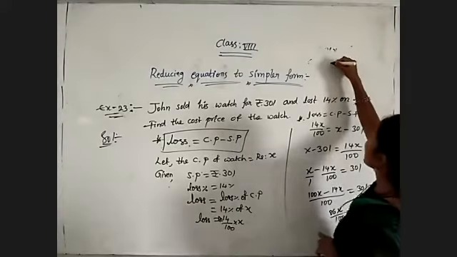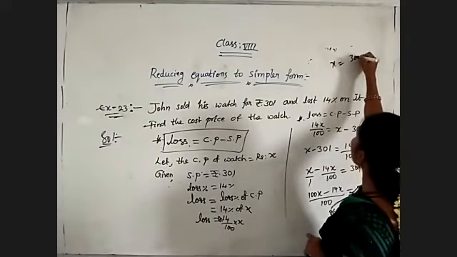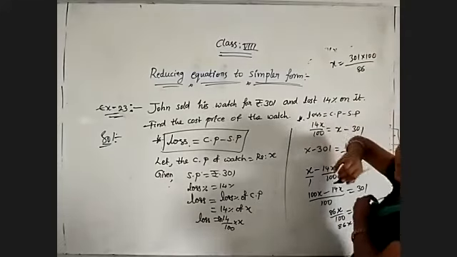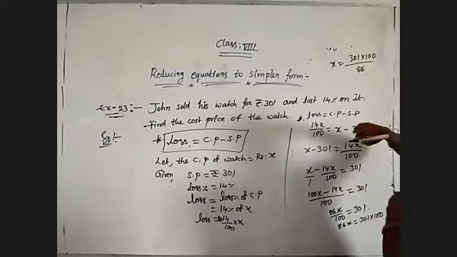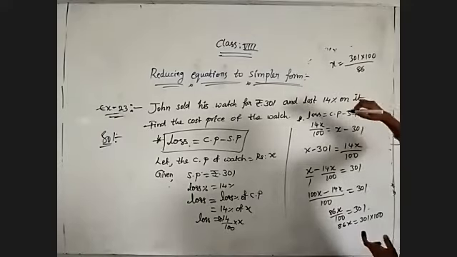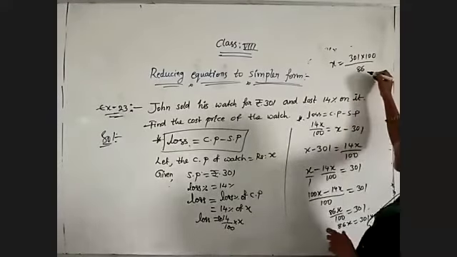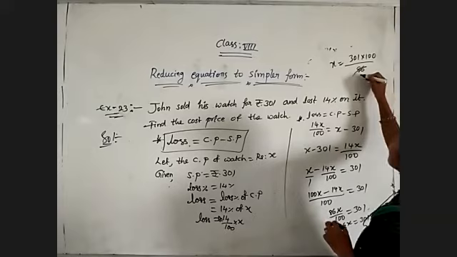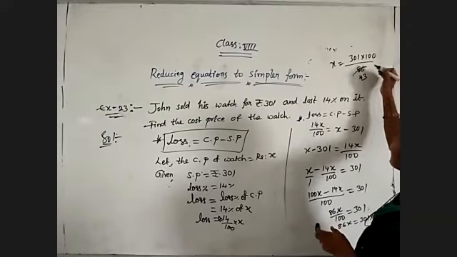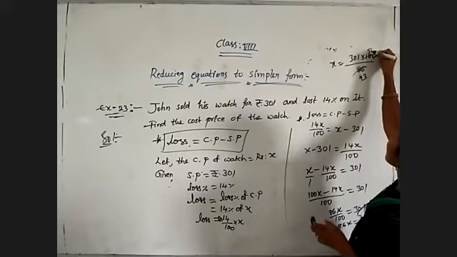Then x will be equal to 301 into 100 by 86. If any cancellation is possible, do the cancellation. Two 4s are 8, two 3s are 6, two 5s are 10.